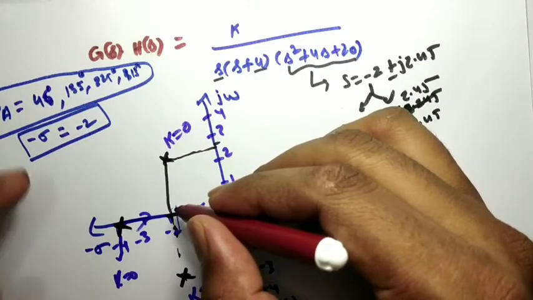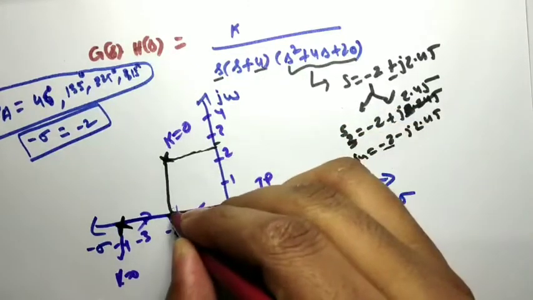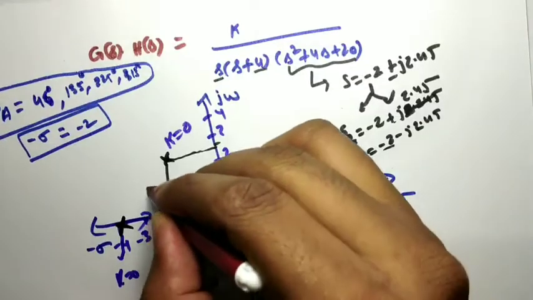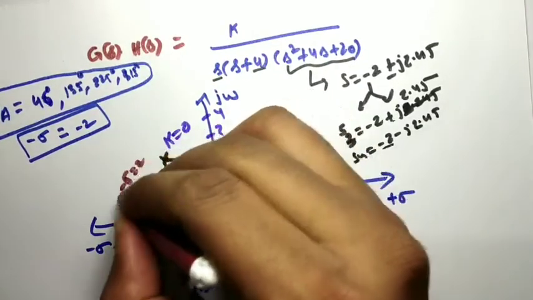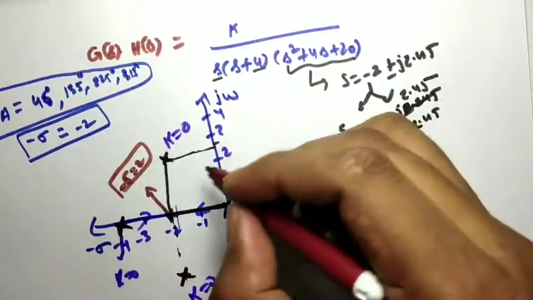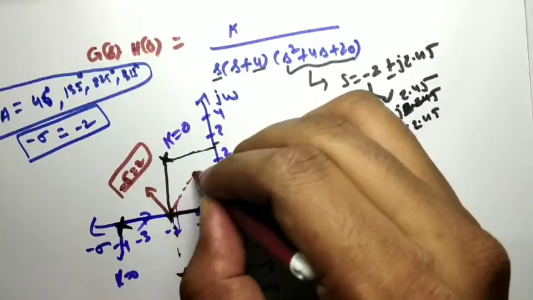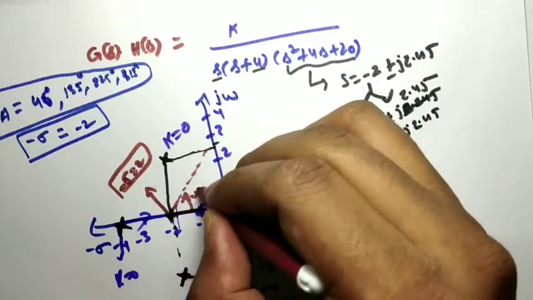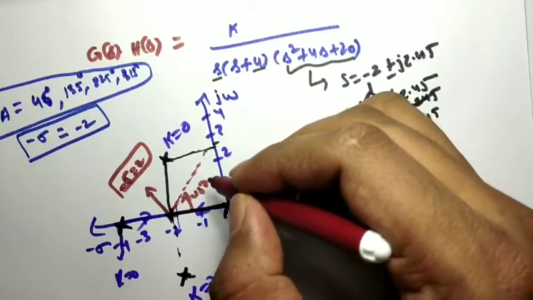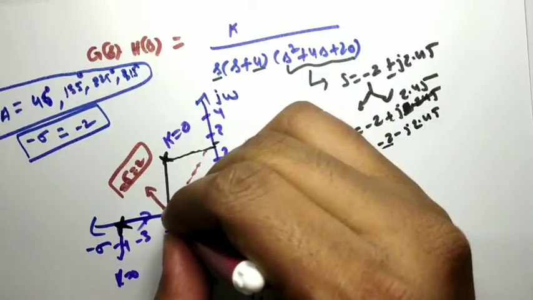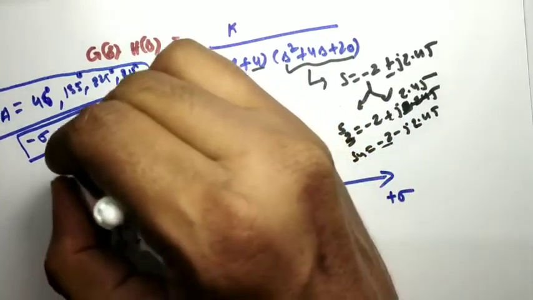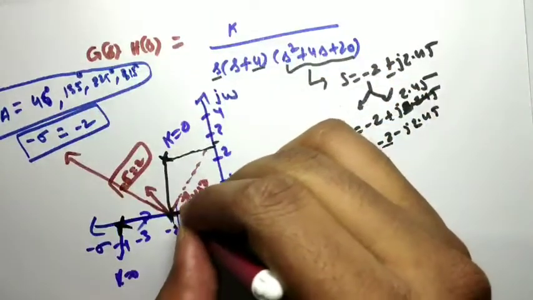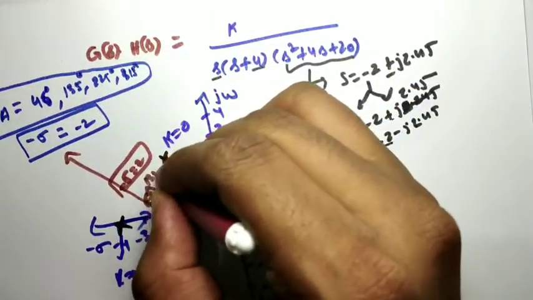To draw the asymptotes, you need a centroid also. Here -2 is your centroid. From here only we have to draw the angles. This is 45 degrees, and the next one is 135.